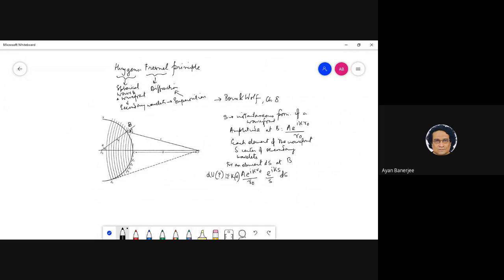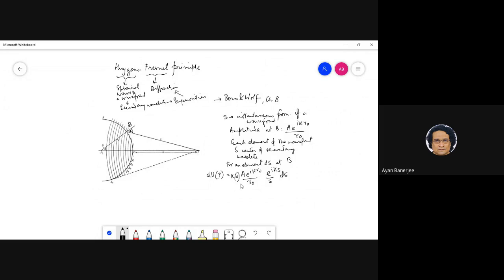That is very important. At the moment, the approach is we are finding out the field at p due to a small surface element, this ds, and then of course we will integrate over the entire spherical wavefront to get the total field.